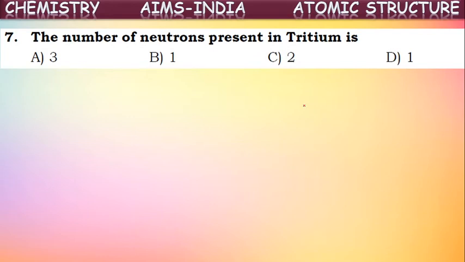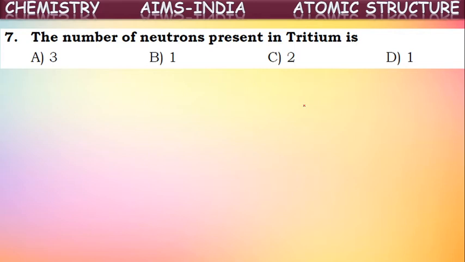Next one, the number of neutrons present in the tritium. What is this tritium here? We know hydrogen has 3 isotopes. Again, what is meant by isotopes? Atoms with the same atomic number but different mass numbers are called isotopes.